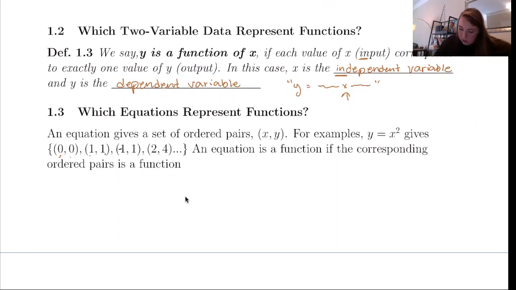So an equation is a function if the corresponding set of ordered pairs is a function. And we're not going to look at every ordered pair. There's an infinite amount. We talked about a few sections ago, continuity. Like I could plug in 0.4375, whatever, and that would give me an output, but I'm not going to make that one of my ordered pairs. That's weird. I want to only look at ordered pairs of whole numbers. It just helps me out.